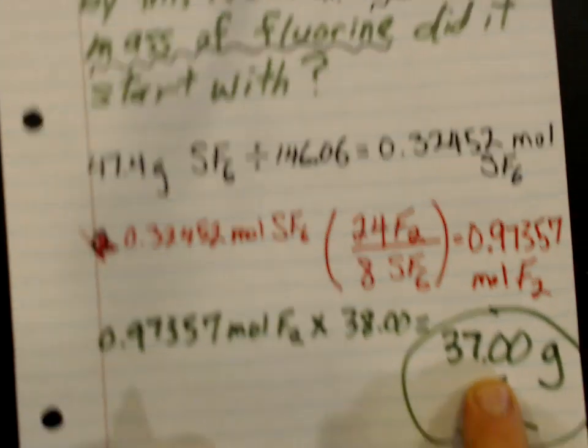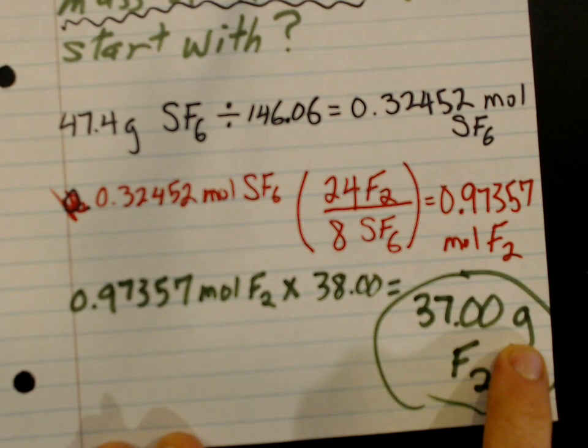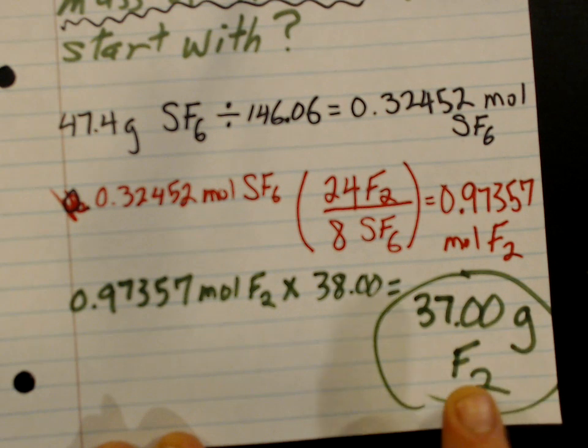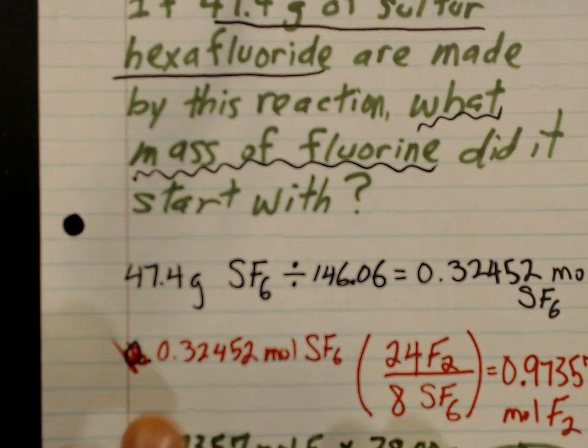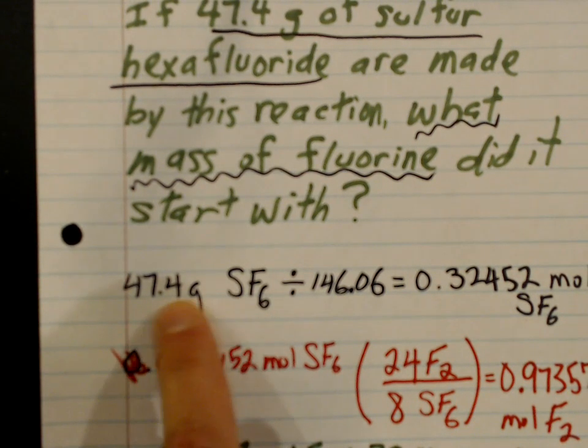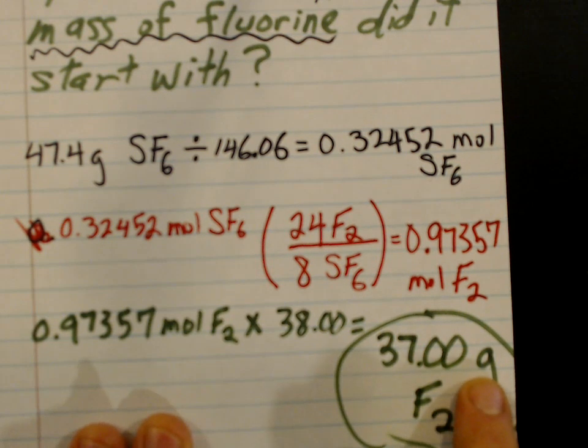Remember, in your answer, a number by itself is not enough. Include grams, G for grams, or the word grams, and the formula of the substance. Remember, these problems start off with a mass of one substance, but by the end, you're reporting the mass of another substance in the equation.